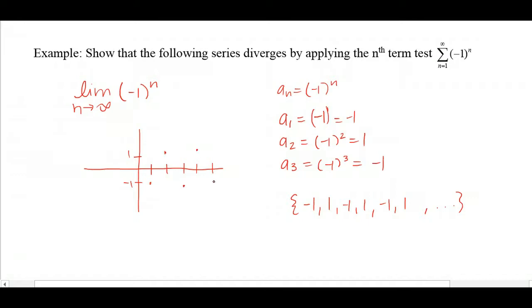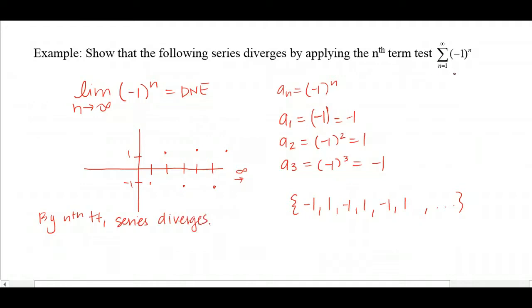So this function is just bouncing back and forth, negative 1, 1, negative 1, 1, so it's oscillating. As n approaches infinity, way over here, this limit doesn't get closer to any particular number, let alone 0. This limit does not exist. So by the nth term test, the series diverges.